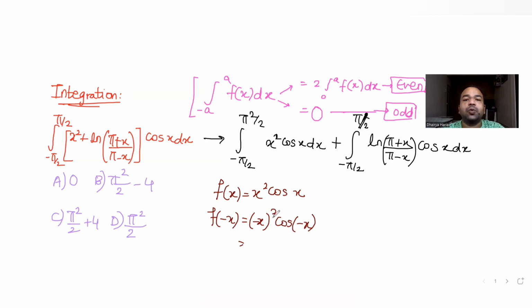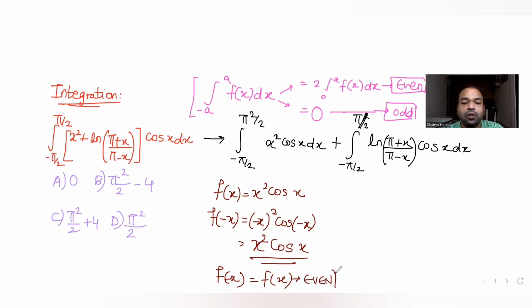Negative square becomes positive, so you get x square, and cos of minus x becomes cos x. So you get x square cos x, and you get the same function. So f of minus x is nothing but the same as f of x, and when this is the case, that becomes an even function.